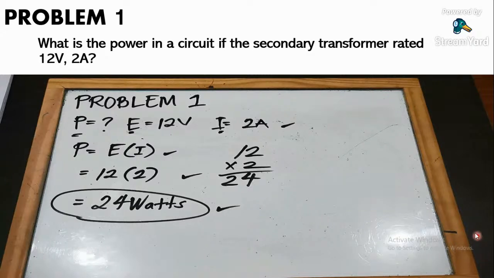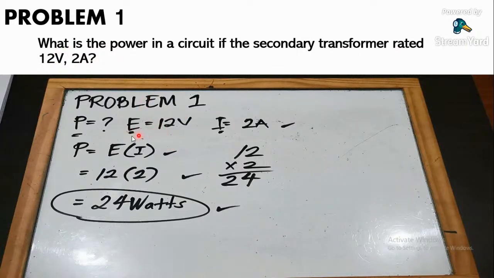Okay, so you have here the problem number 1. Just a correction, no? Kasi yung EMF na nasabi ko dito is electromagnetic force. That is for the transformer actually. So dito, yung E, that is electromotive force or volts, electromotive force in volts. Okay. So dito, ang given natin sa problem natin is 12 volts.